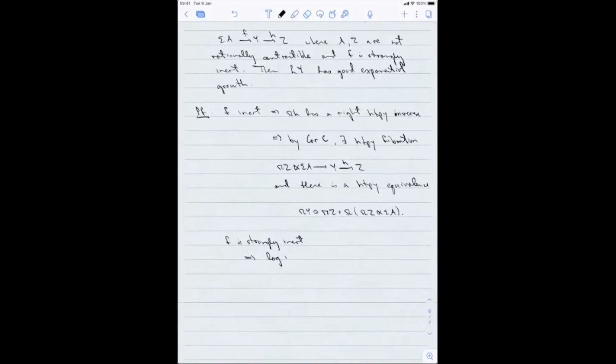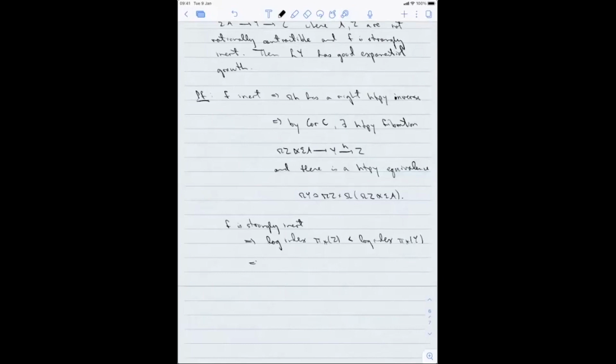So the log index of pi star of Z is strictly less than the log index of pi star of Y. So by the Felix-Halpern-Thomas theorem, the free loop space on Y has good exponential growth if and only if the fiber does.